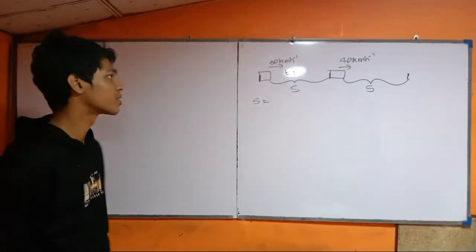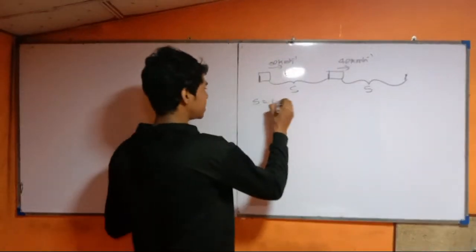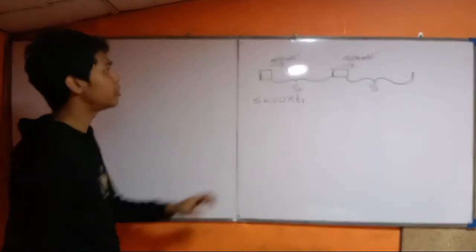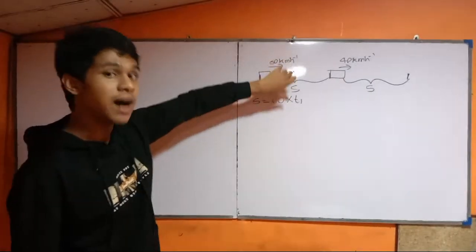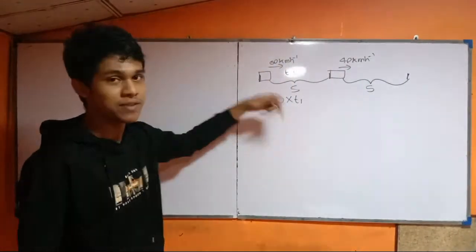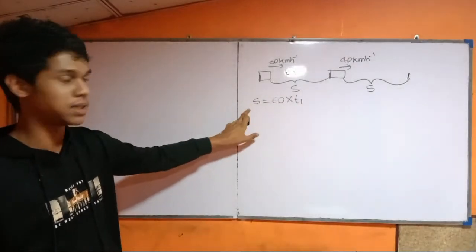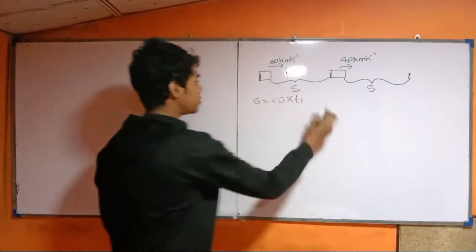Just a waste of time. So S equals 60 times t1, and t1 is in hours. This is kilometers per hour multiplied by hours, so you get kilometers, which is a displacement. So this is going to be the first equation.